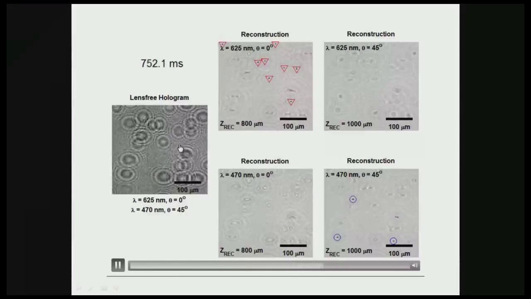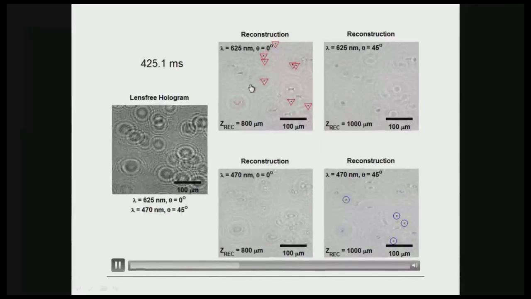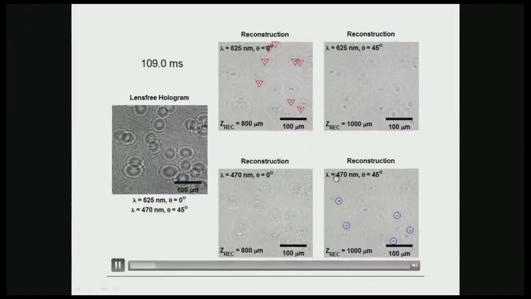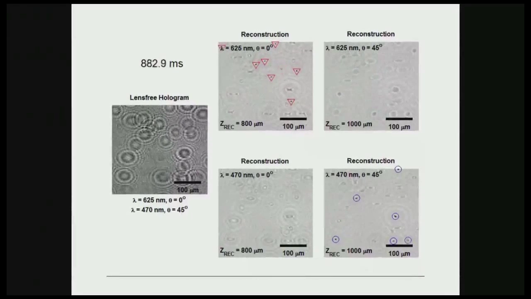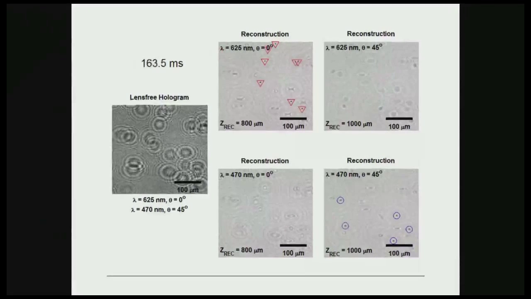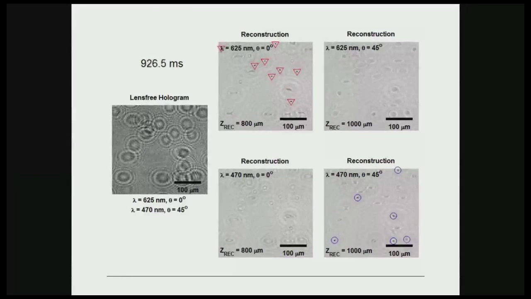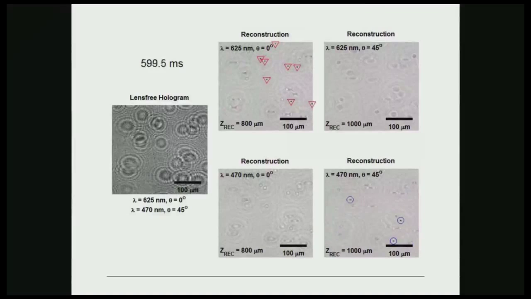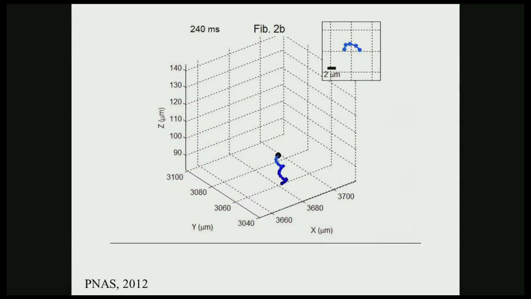If you zoom in, you'll see that there are lots of sperms moving around, and only if you were to reconstruct this raw data at the correct angle and wavelength combination, you can see different perspectives result from each other. And you can pinpoint X, Y, and Z depth information, all together with submicron localization accuracy. This is the trick to take a very simple imaging hardware and create essentially a very powerful and high-throughput 3D tracking system. Out of this, we've looked into thousands of human sperms and animal sperms.